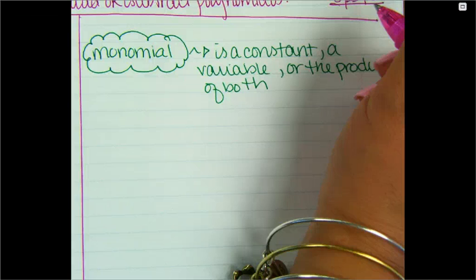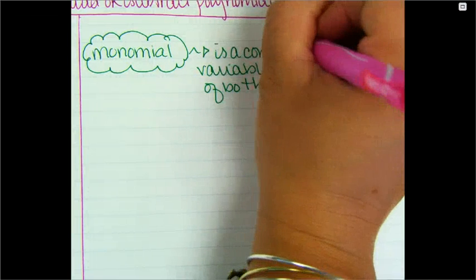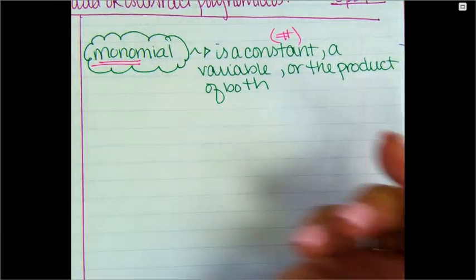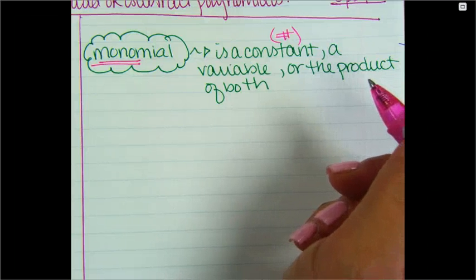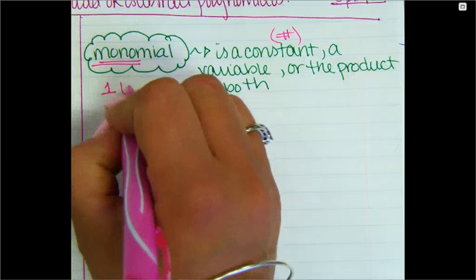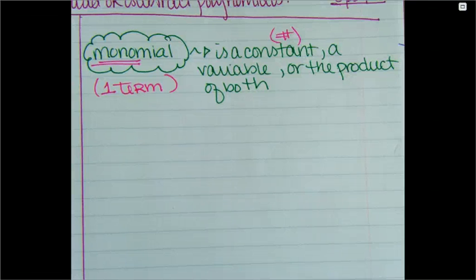That's a coefficient. A number without a variable, it's just a number. Oh, look at your IM1 skills coming back right here. Monomial means how many? 1. It just means you have one term. A monomial is just one term. It is a constant, which is just a number, a variable, or the product of both.